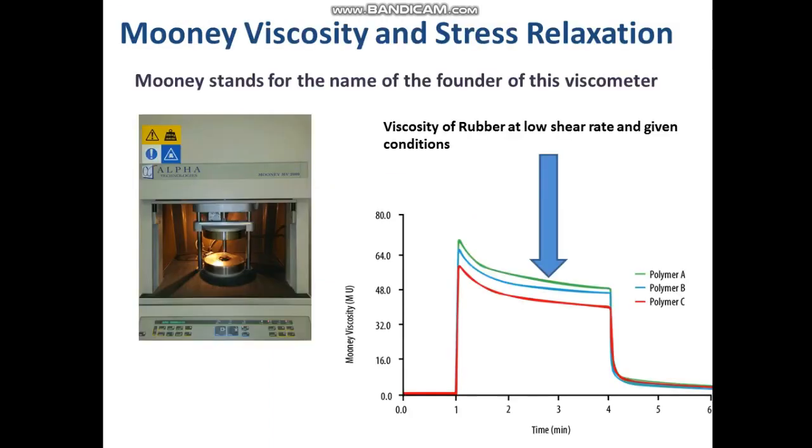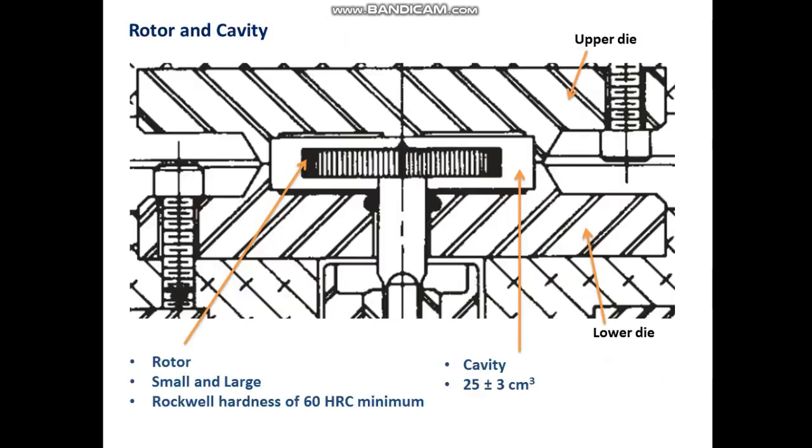Okay, now we know what the Mooney viscometer is and what results can be obtained from it. Before moving to the theories of Mooney viscosity and stress relaxation, we will see the main parts of the Mooney viscometer that are important for measuring the Mooney viscosity and stress relaxation properties of a natural rubber sample.